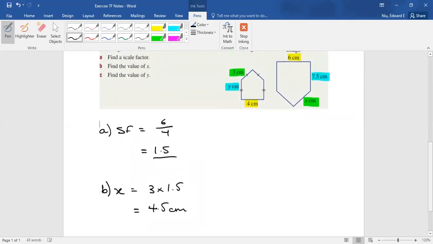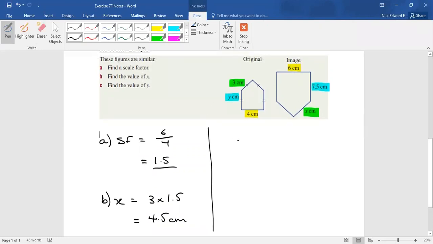Now we've got to find the value of Y, so let's keep it on the same screen so you have a reference point. The value of Y is the blue corresponding side length. We know the image on the right is 1.5 times bigger, so this side is 1.5 times smaller than the 7.5 centimeters in the right image.